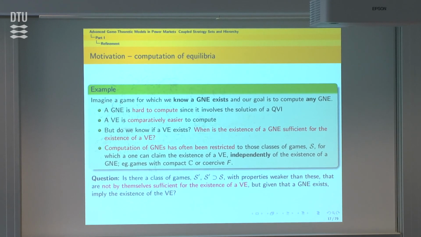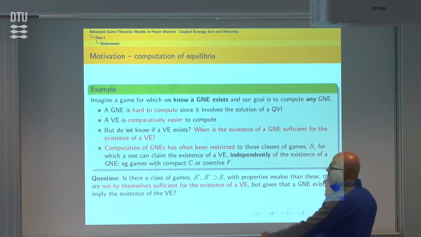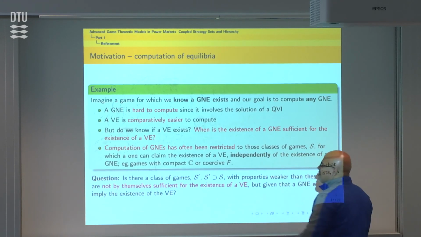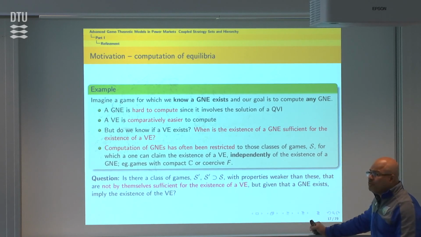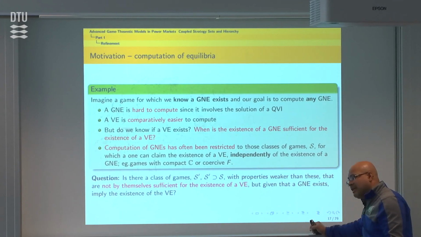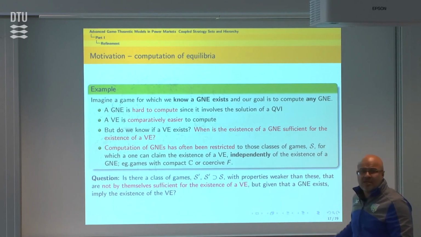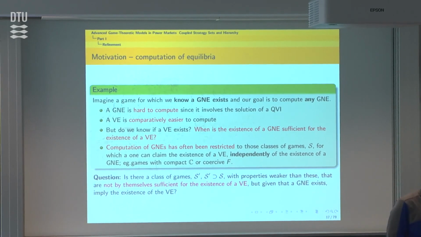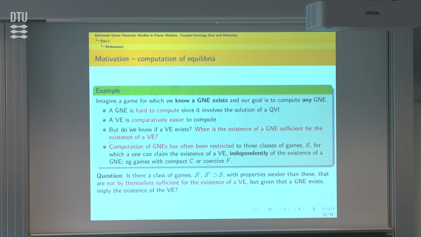But can we get properties that are weaker, such that by themselves they are not sufficient for the existence of a VE? For instance, if I told you the mapping is just monotone and the set is just closed and convex, that's not enough for us. We don't know if a VE exists. What we do know is that if there were conditions under which the VE existed, then we could say something about the existence of the GNE.